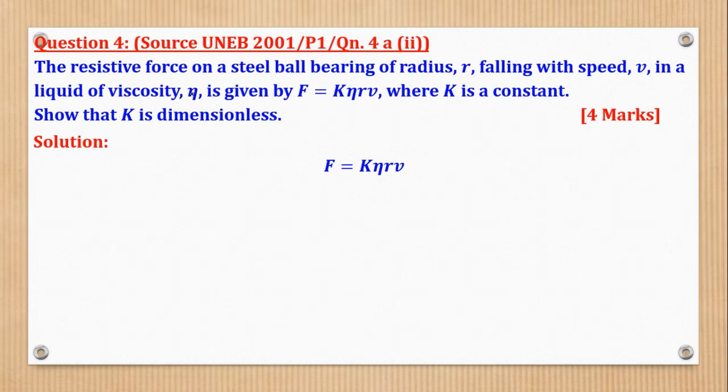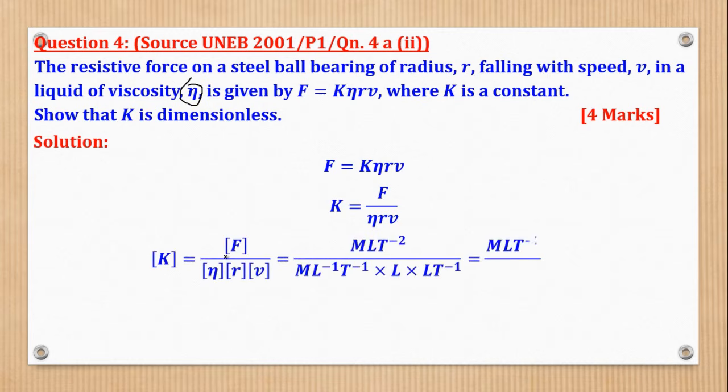Now here you realize that I've not given you the dimension of this coefficient of viscosity because in question 2 it was already given. So I don't need to again give it. I assume that now you know it. So make k the subject. You come up with that. Then I want the dimensions, so I put in box bracket.